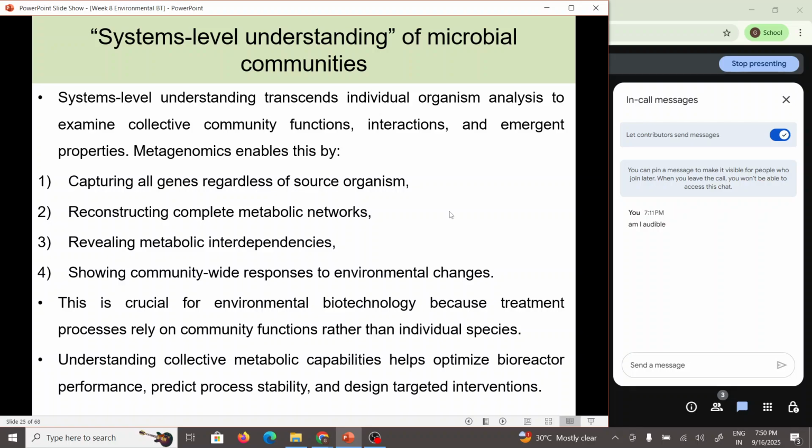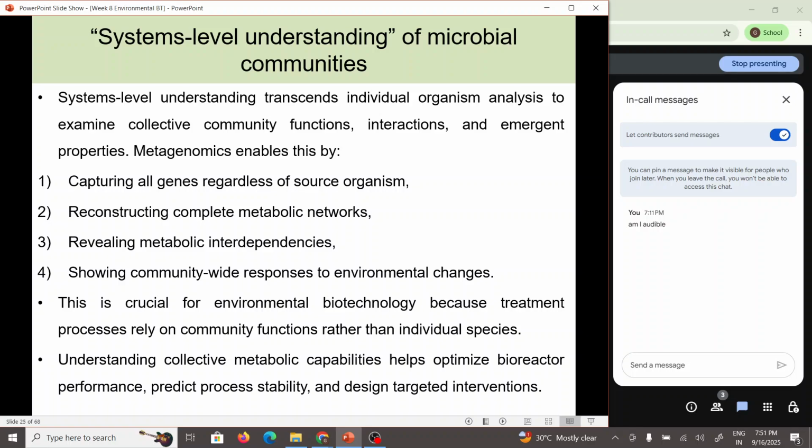So first of all, it is just making sure that the system is working. If my target is to degrade organic compounds, I should make sure that whatever the organic compound that I'm giving as the substrate, the microbial community should be able to use it, and it has to produce some product which is non-toxic or non-harmful. So that is the first point here.